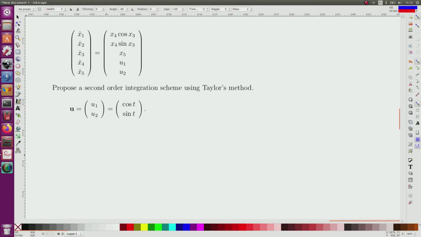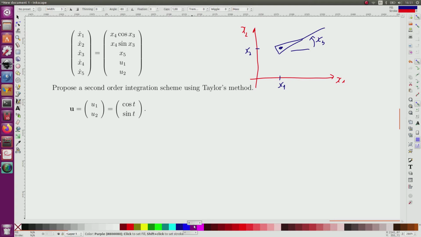This is my system. I have my robot where I have x1, x2, and my robot is represented here. It is the center of the robot. x1, x2 is a coordinate of the center of the robot. x3 is the heading, and I can control the derivative.